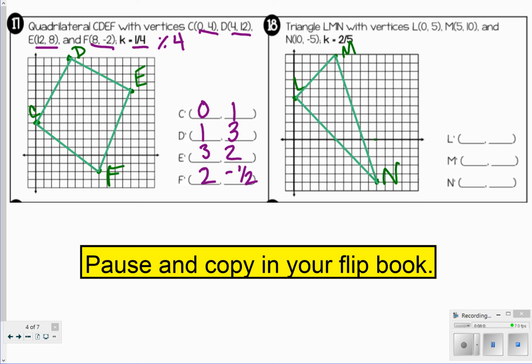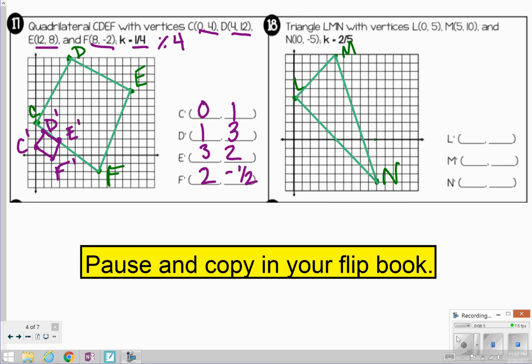So I'm going to go ahead and add this to our shape. And if I did it right, my new quadrilateral will be smaller for my image than it was the pre-image. Hopefully now you have been able to put in your parallelogram or quadrilateral, and it should look similar to what mine looks like.